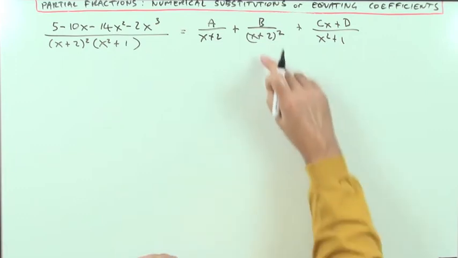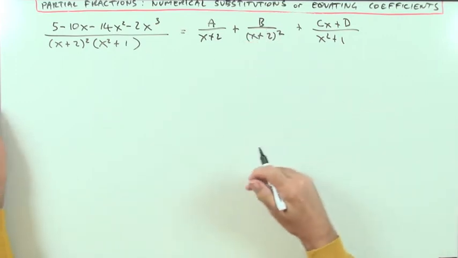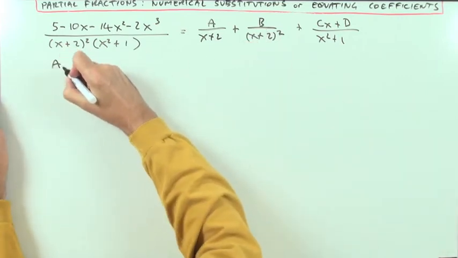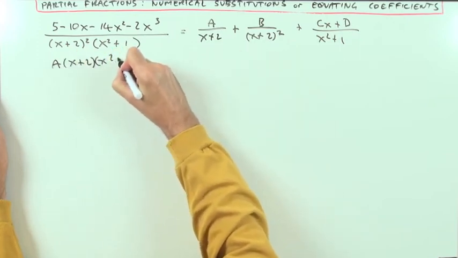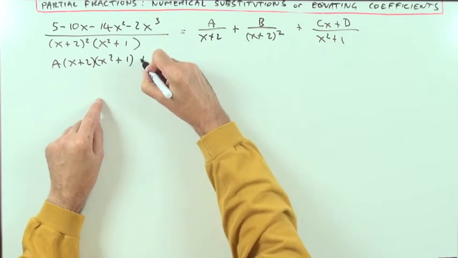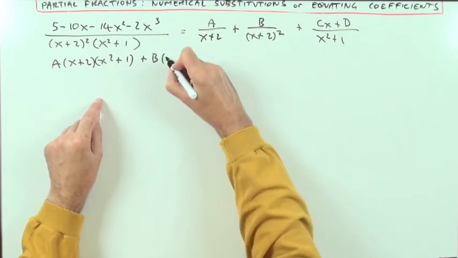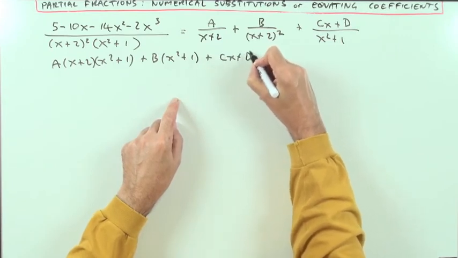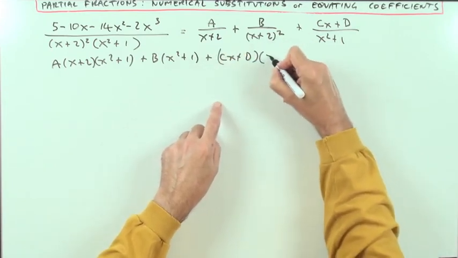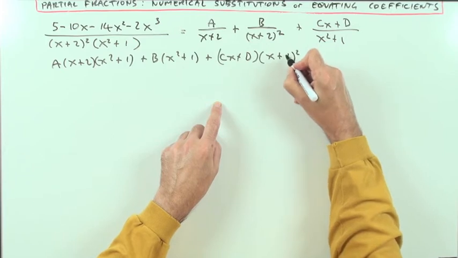Right, there's 4 constants. Multiplying that all out, you would have, well, a still needs the other x plus 2 and that quadratic term. B just needs that quadratic term. And cx plus d needs that squared term, x plus 2 squared.